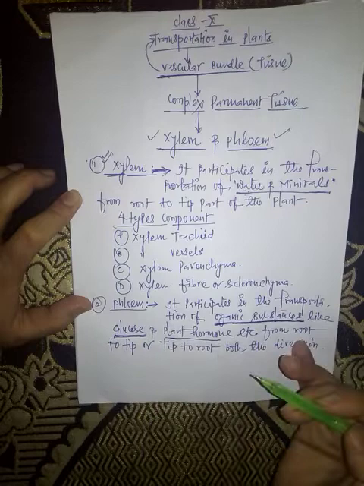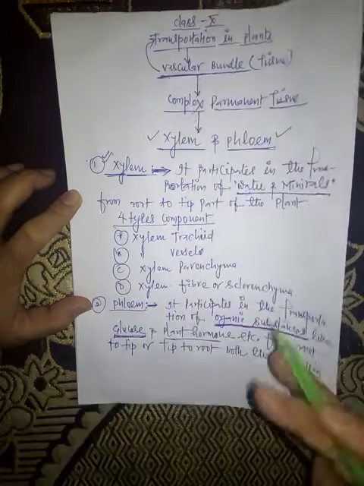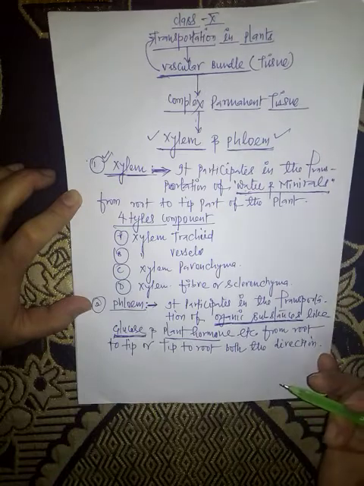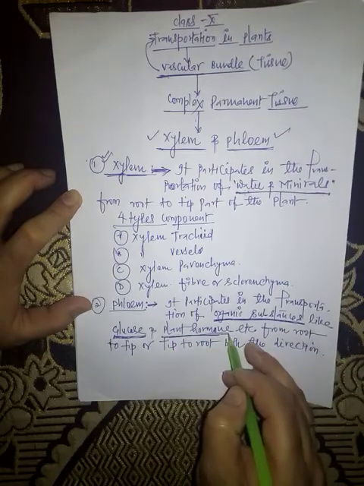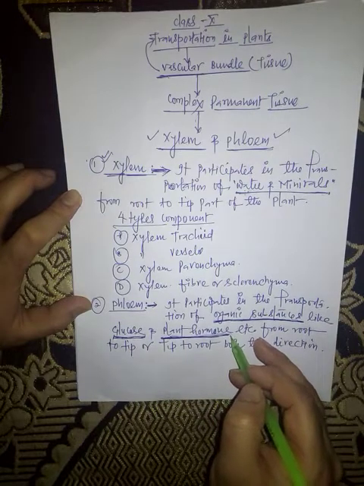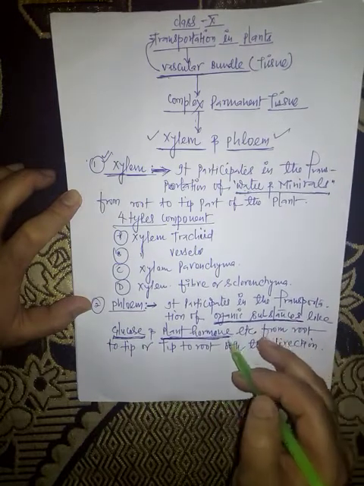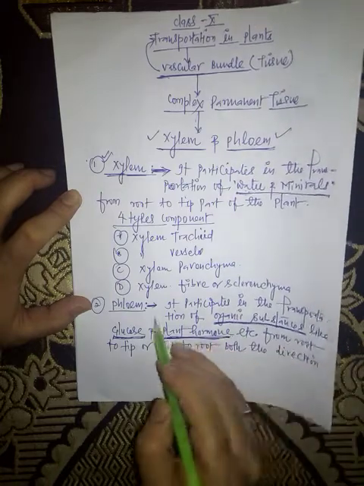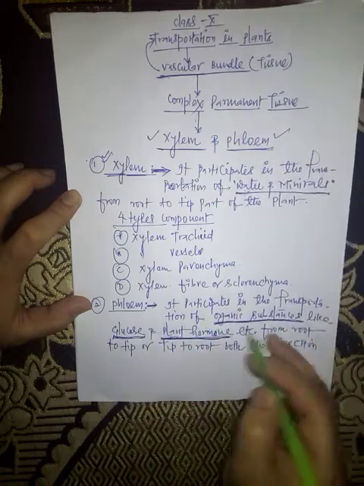So it is transported from tip to root part, meaning upward to downward direction. And plant hormones are also formed by meristematic tissues present in the tip part of the plants. They also are transported in different directions. So it means phloem helps in the transportation of organic substances in both directions, upward to downward and downward to upward.